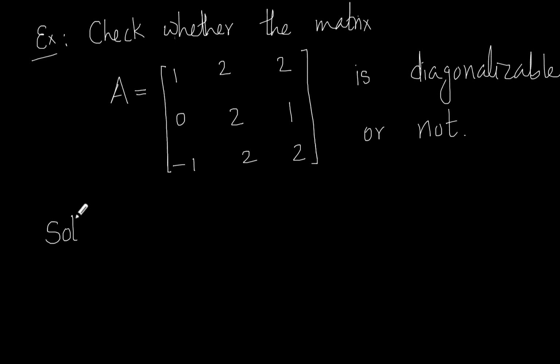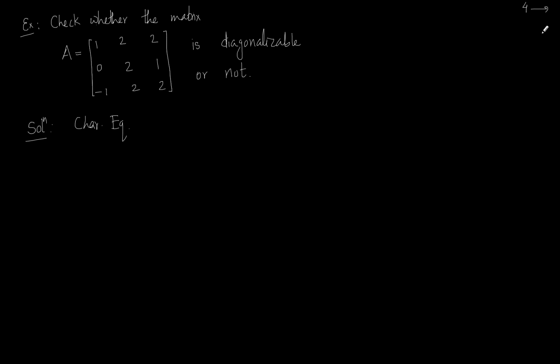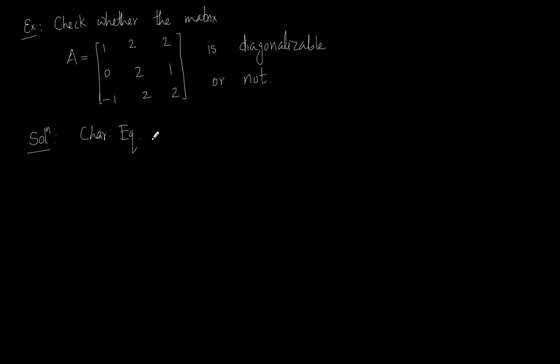For checking the diagonalizability of a matrix, first we have to write down its characteristic equation. For how to write the characteristic equation of a matrix, you can visit the video where I explain it.